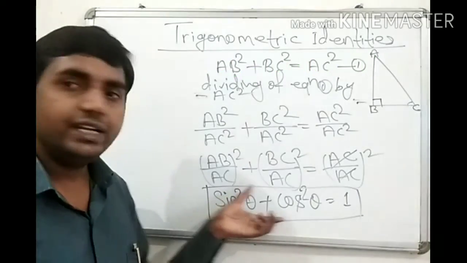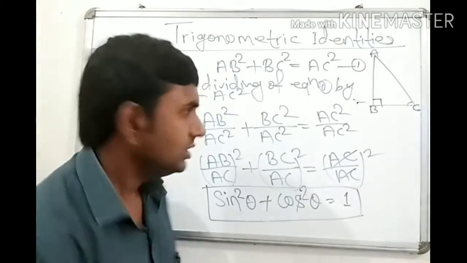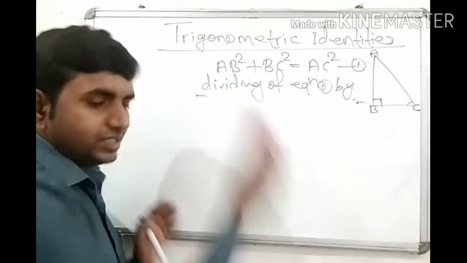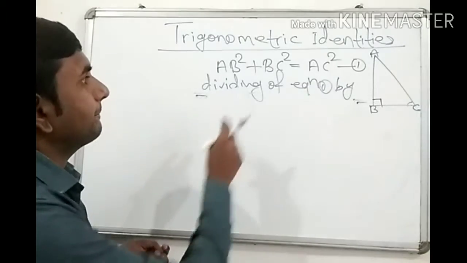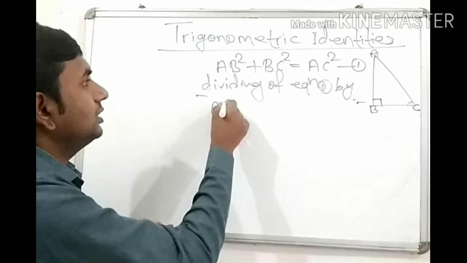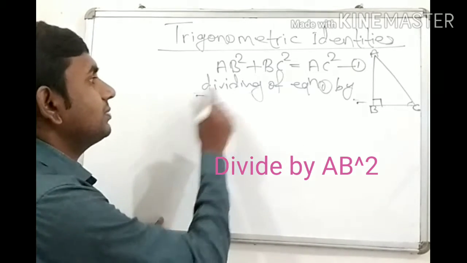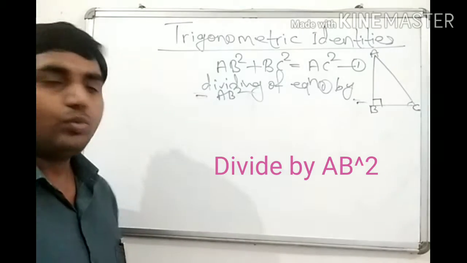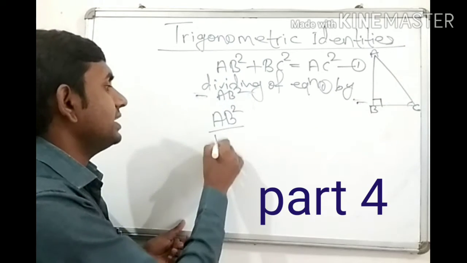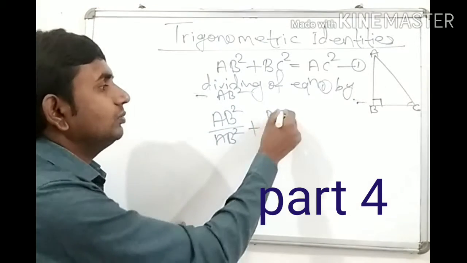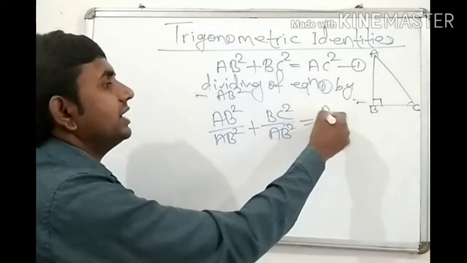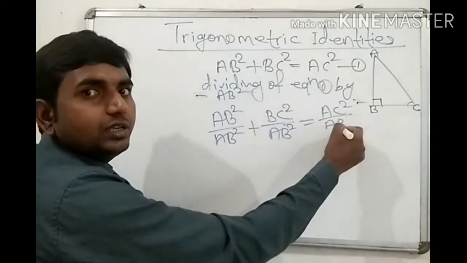This is the identity with sine and cos. Now in the second case, if we divide equation one by AB square, then we have AB square by AB square plus BC square by AB square is equal to AC square by AB square.